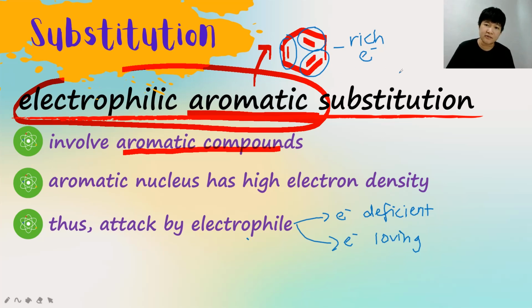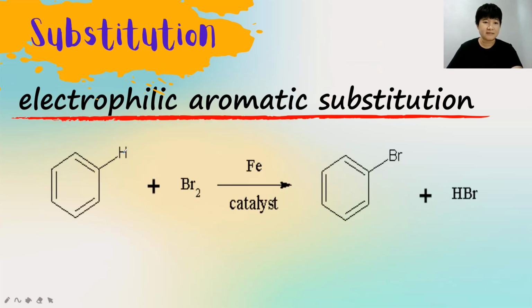And look at the benzene ring. The benzene ring is extremely rich with electrons. So who will go and attack the benzene ring? The electrophile. So let's look at the example of electrophilic aromatic substitution. That is my benzene ring, and this benzene ring is electron rich.